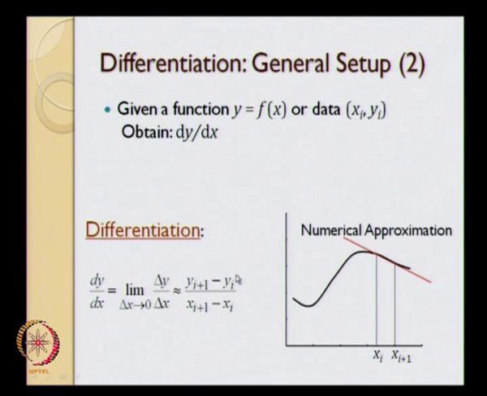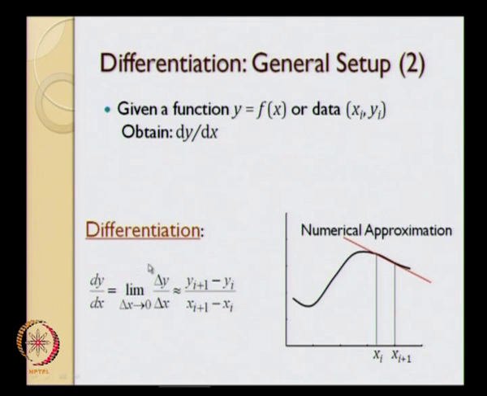This is delta x and the numerator is delta y. As we bring xi plus 1 closer and closer to xi, we will start approaching the actual derivative dy by dx. We cannot take xi plus 1 very close to xi, because then round off errors will start dominating.